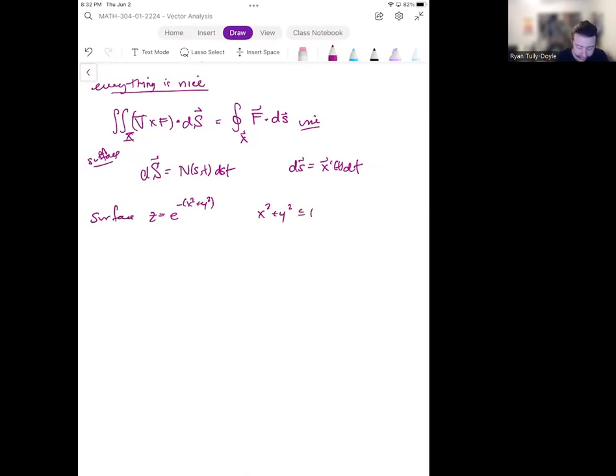That means the smallest value of the surface is the height z equals 1 over e. The surface has the shape of a Gaussian normal curve, sort of a sombrero shape, and on the edge is a curve, just a circle. So this is the surface X of D.